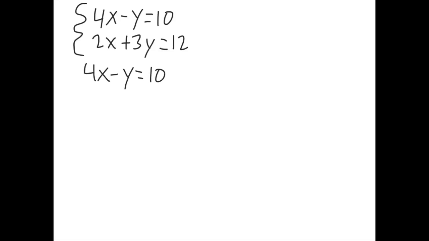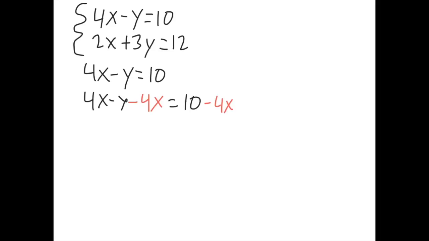Then we need to get y by itself. There are a couple different ways to do this, but the way I'd use is subtract 4x from both sides. So you say 4x minus y minus 4x equals 10 minus 4x.